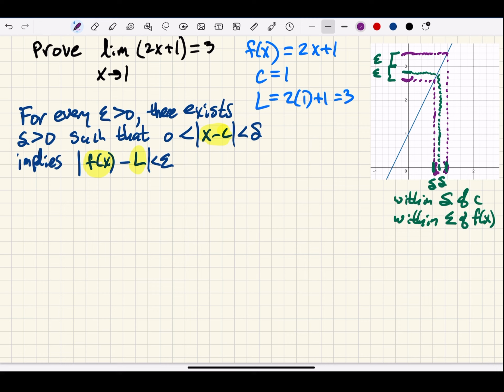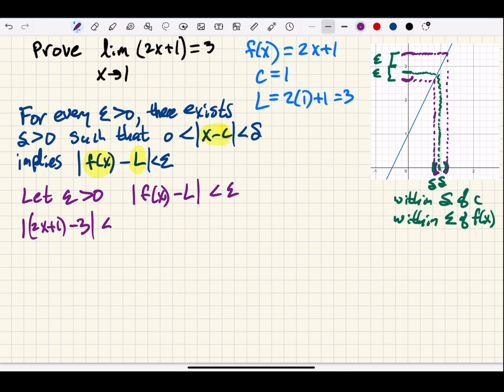So we'll begin by saying, let epsilon be greater than 0. Then what does the absolute value of f of x minus L less than epsilon lead us to algebraically? Well, f of x is 2x plus 1, and L is 3.